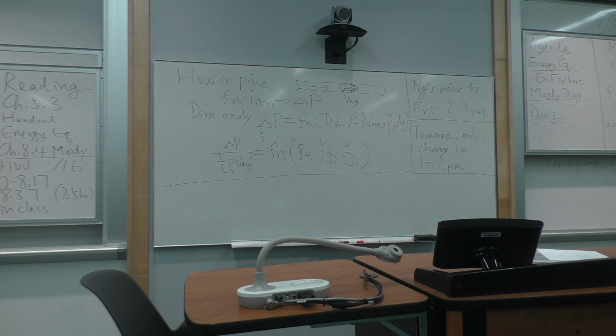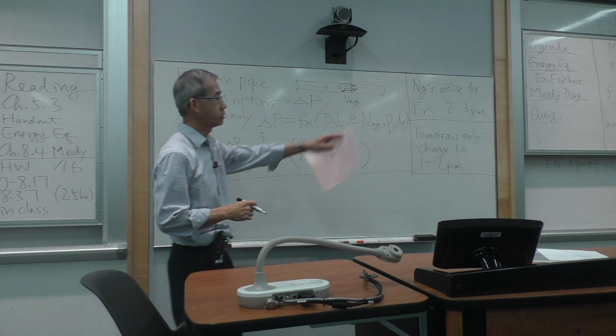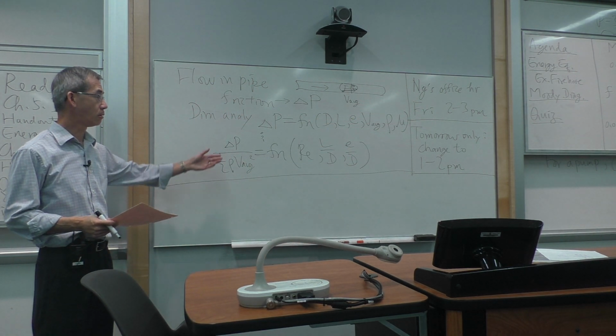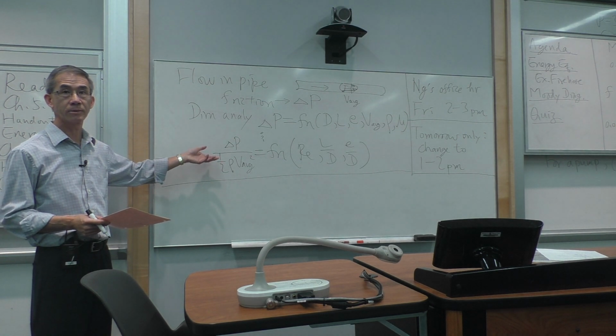Can you tell me what that function is like, solely on the basis of dimensional analysis? Can you tell me that the pressure will decrease as a function of Reynolds number? No. It doesn't tell me the shape of the Moody diagram by any means. This is all I can tell you at the end of dimensional analysis.